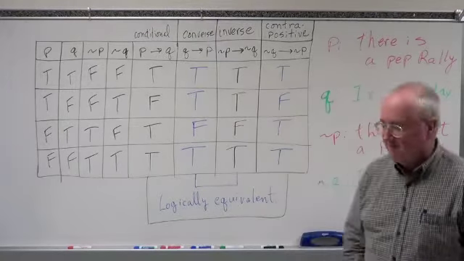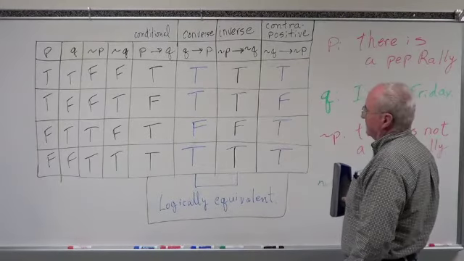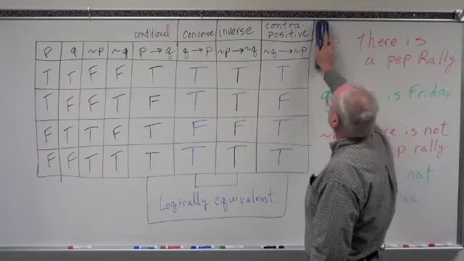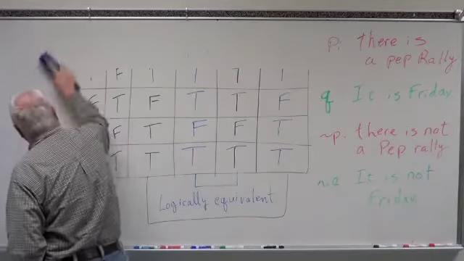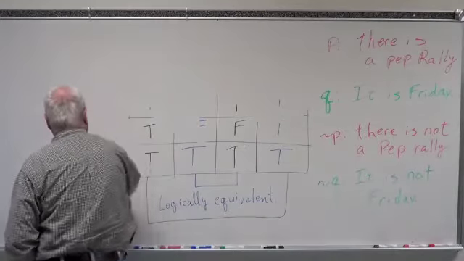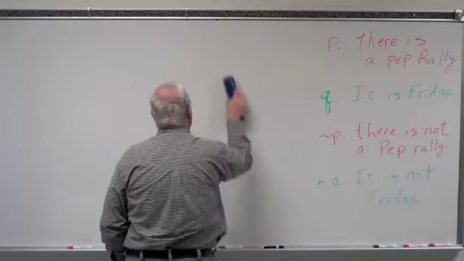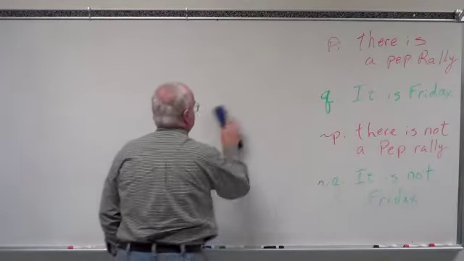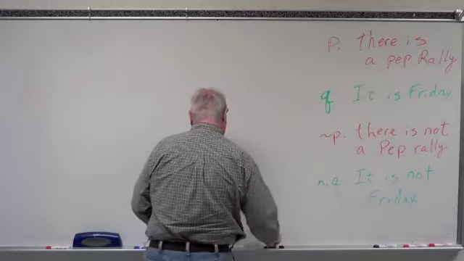Okay? All right, let's erase this truth table. Got it there on tape so you can look at it as long as you want to, get as bored of it as you want to. Go back and study it. And let's write these out. We've got our original statements and we've got our negations of them. So let's see what we can come up with over here on the side. And we're going to use different colors.